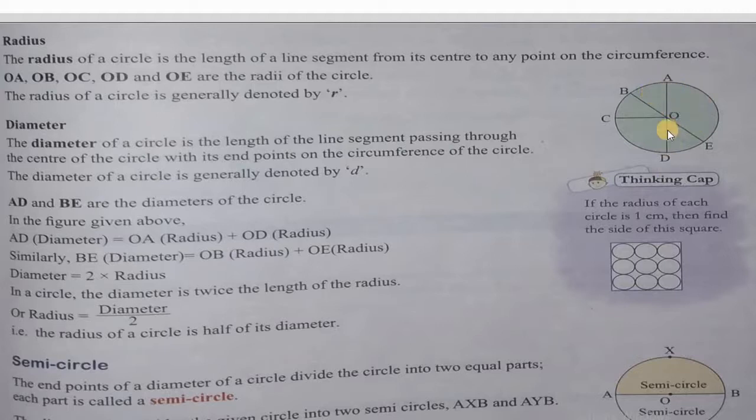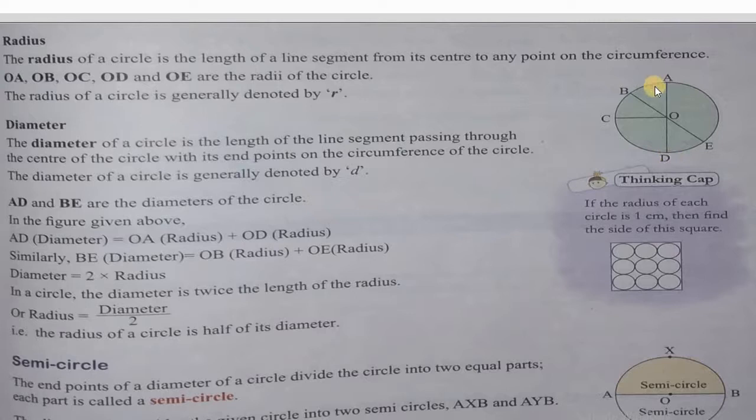So there are two radii we are talking about now. Point A is on the circumference of the circle.